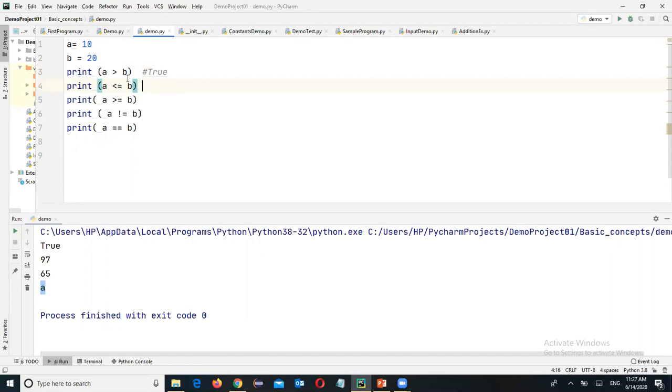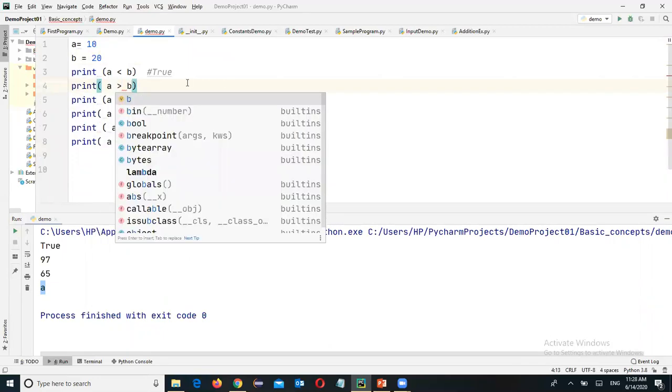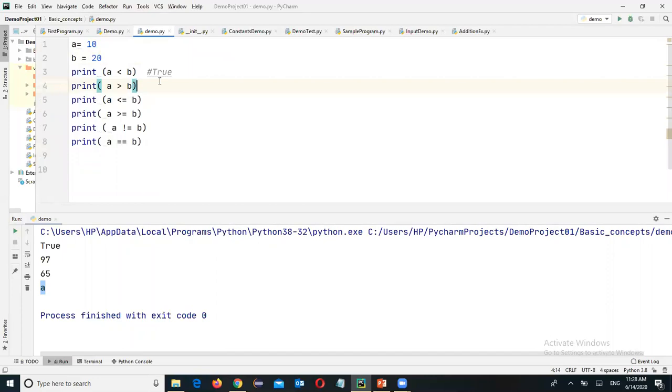A greater than B. A less than B is true. Yes, next print A greater than B, then false. Less than or equal to is true. Greater than or equal to: both are not matching, so false.